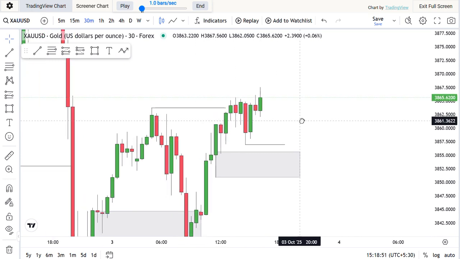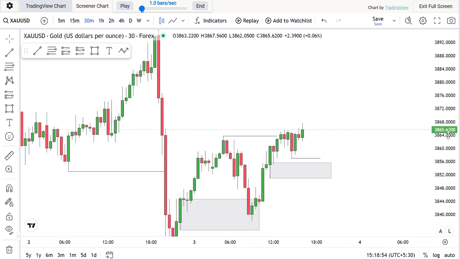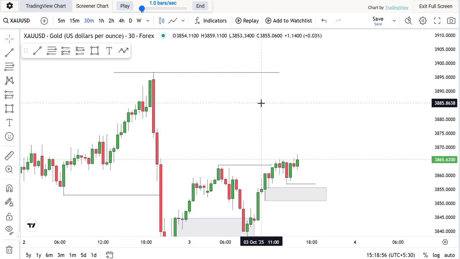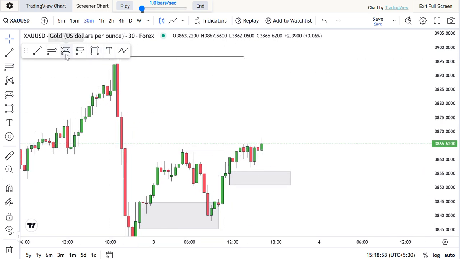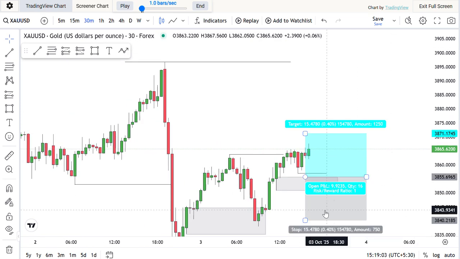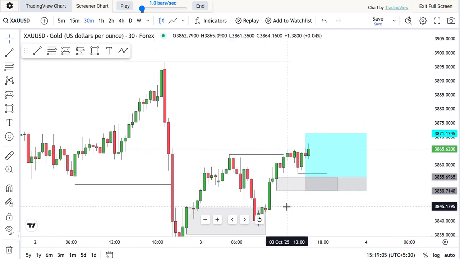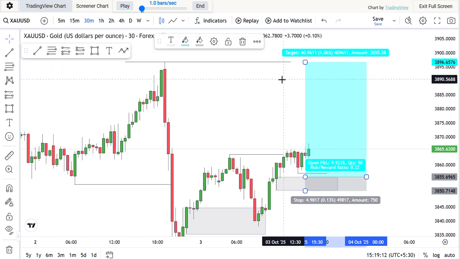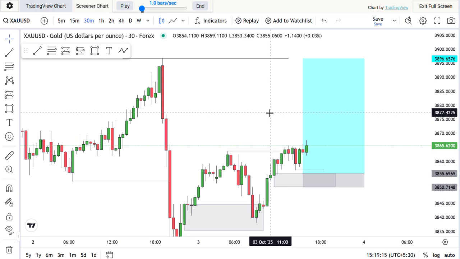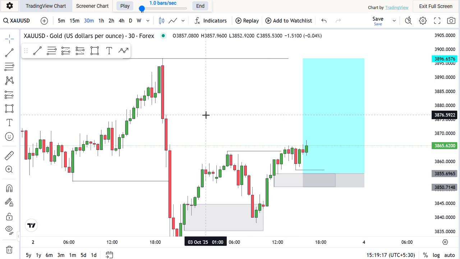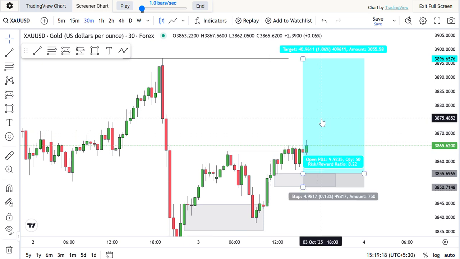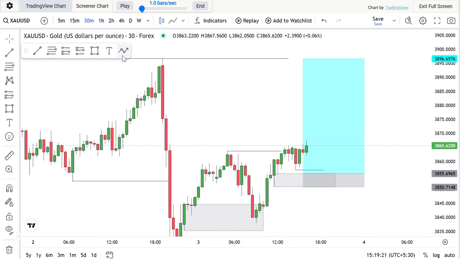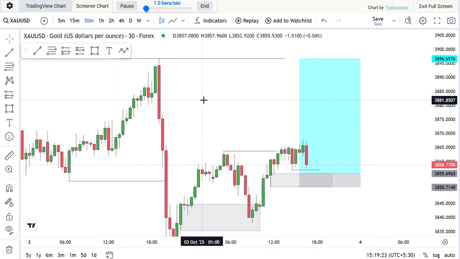And so we would expect that this high will be taken, and so we can place our position, pick that, and then go up here. From there, I believe we will now move from there.